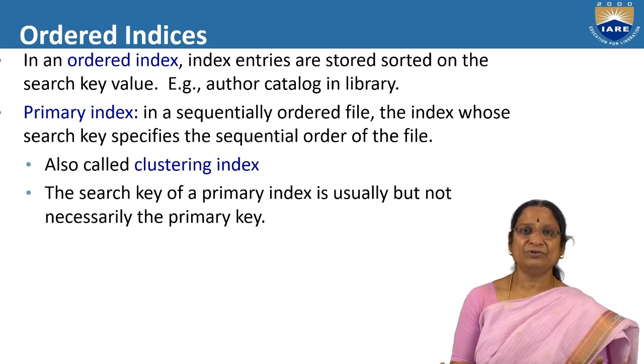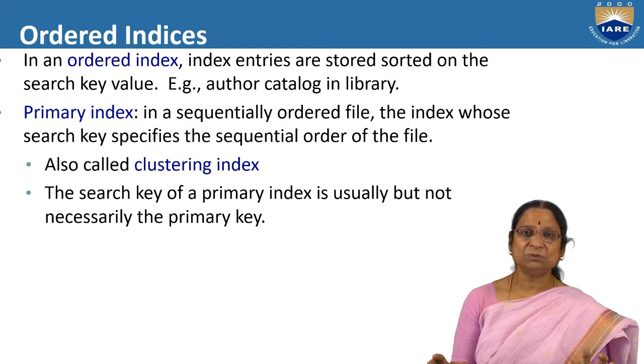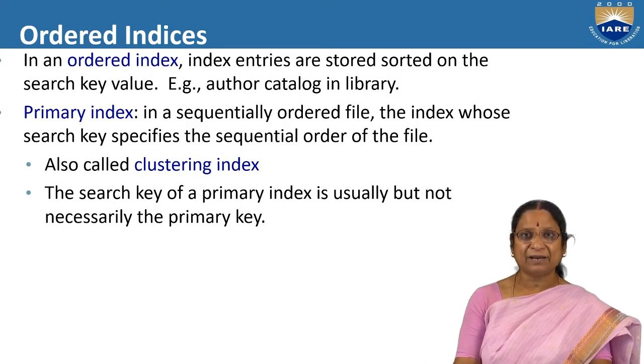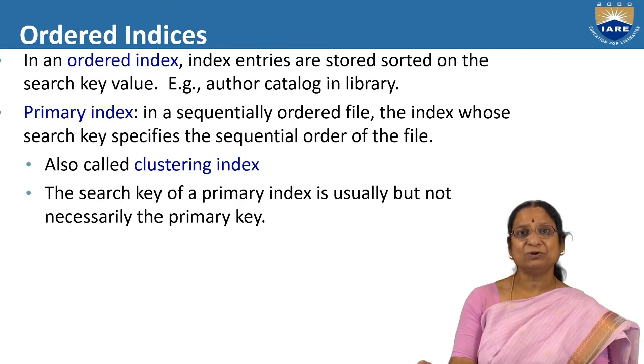Or you have to get all students who are scholarship holders. That is, the attribute is scholarship holder or not. That means the search process is not only based upon the primary key, but maybe based upon various other attributes also. In such cases, we can use this indices concept so that an index file is created based upon the attribute on which the search process is frequently carried out, so that the searching is more efficient.